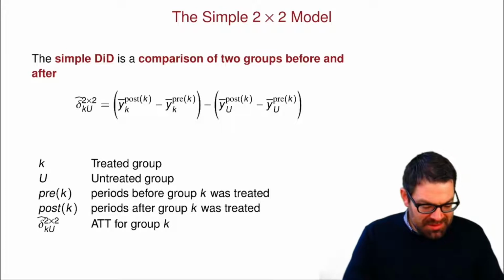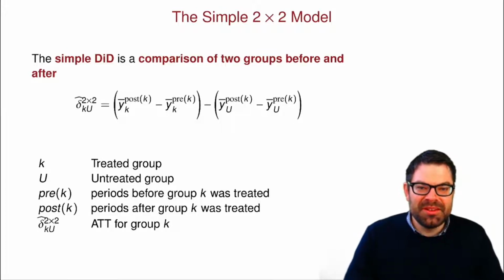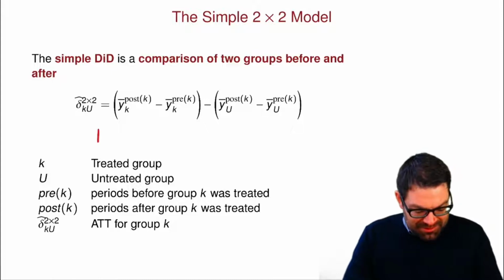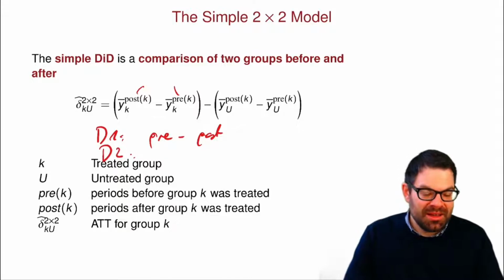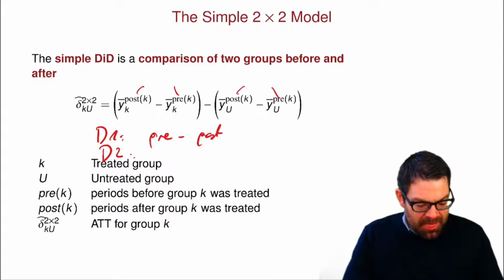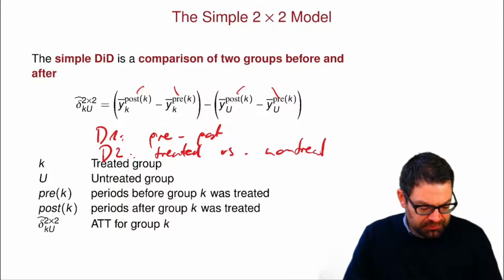Okay? But here is what the difference in difference really is about. You have the first difference, which is pre and post, and then you have the second difference, which is the treated versus the non-treated group.